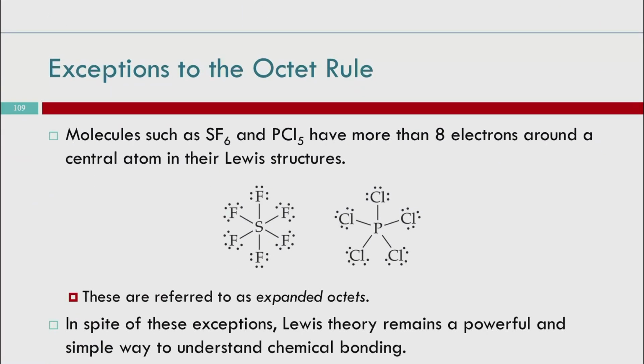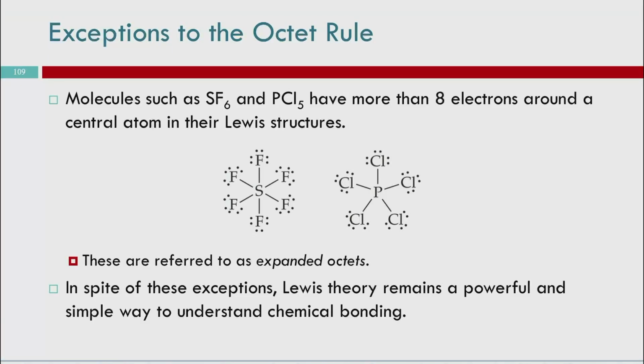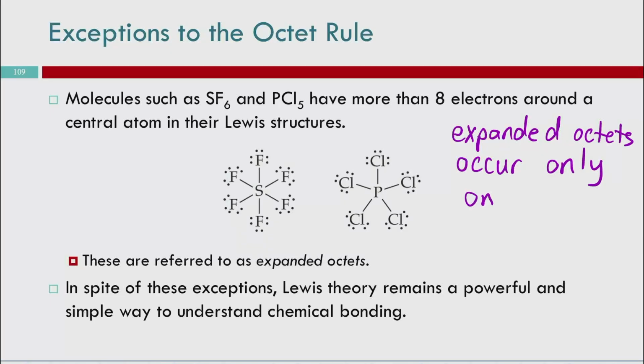There are also some atoms, some elements that can have more than 8 electrons. And we call these expanded octets. So expanded octets occur only on, I think it's row 3, period 3, and lower, 4, 5, etc. elements.